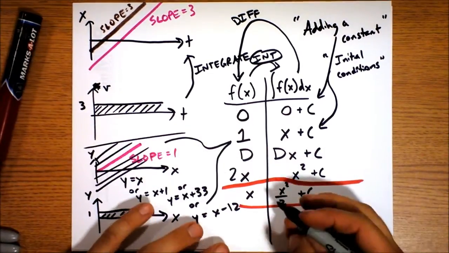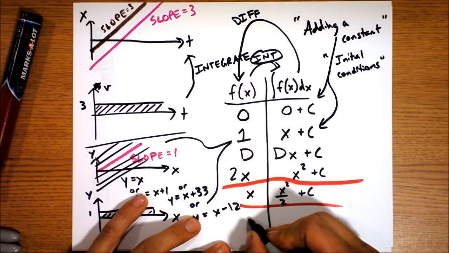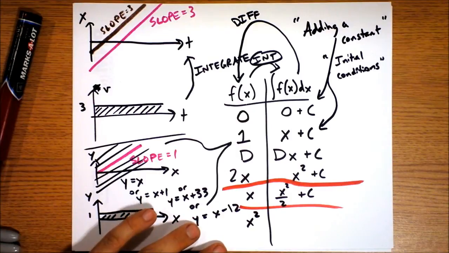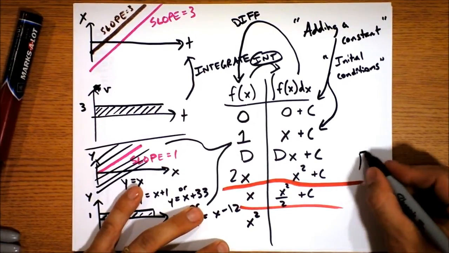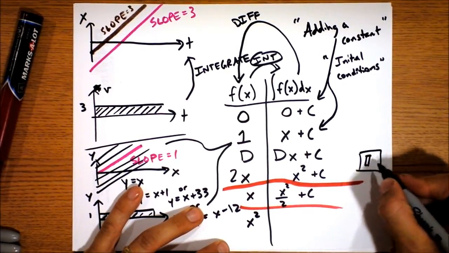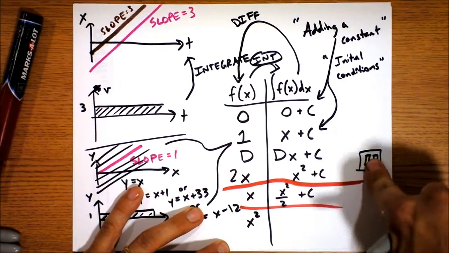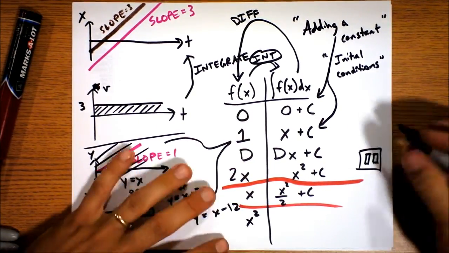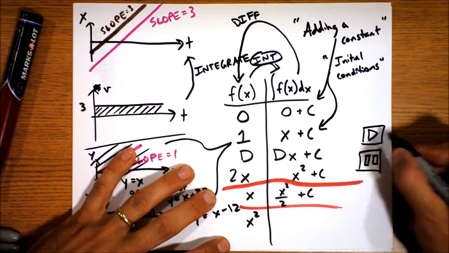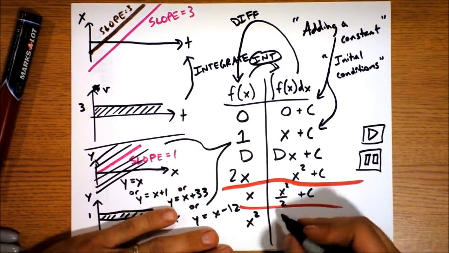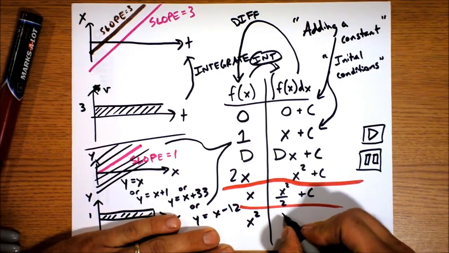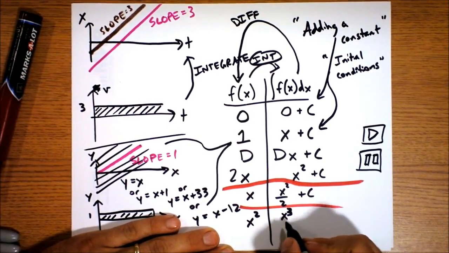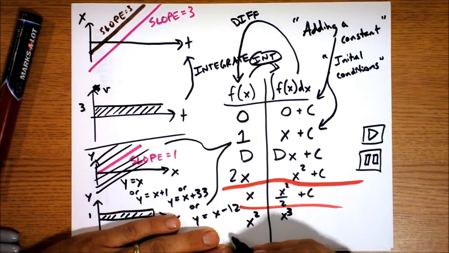If I'm trying to find the integral of x squared, you want to guess? All right, guess. Okay, we're back on. This should be x to the third, but remember, when I say x to the third, if I differentiate that, I'm going to get 3x squared.